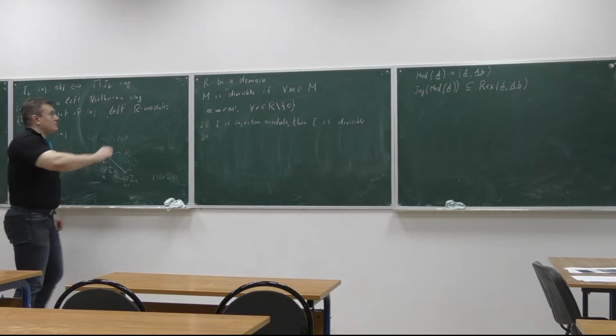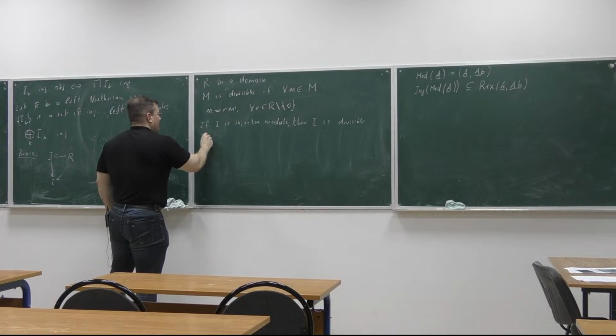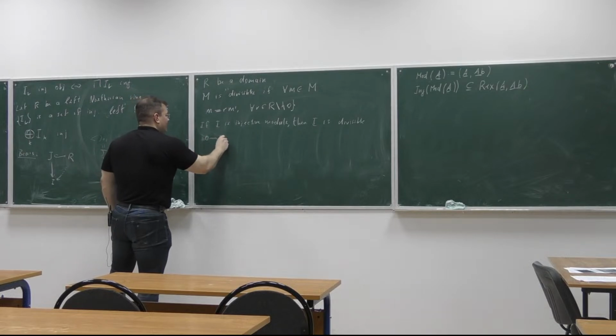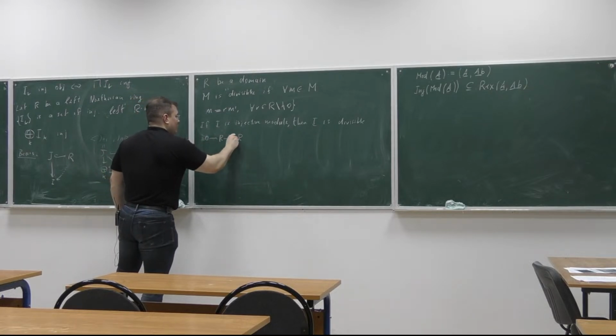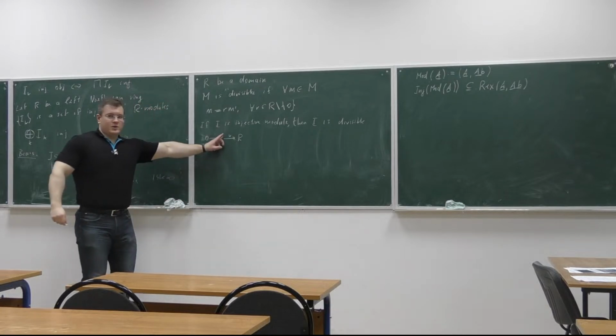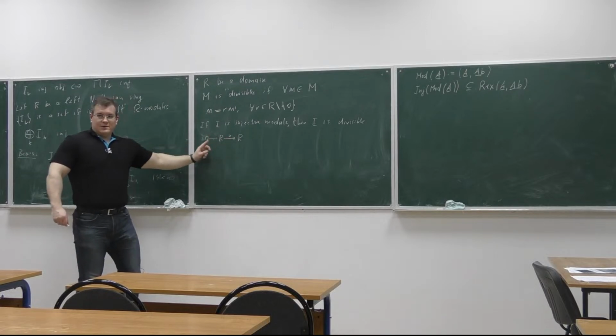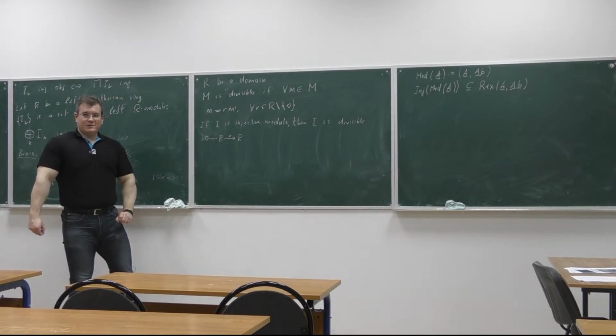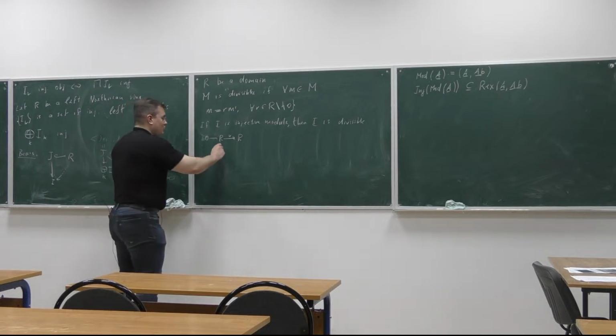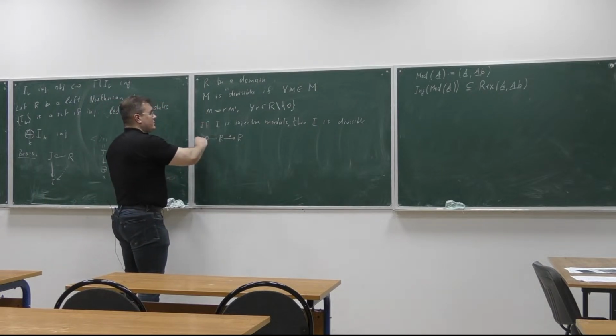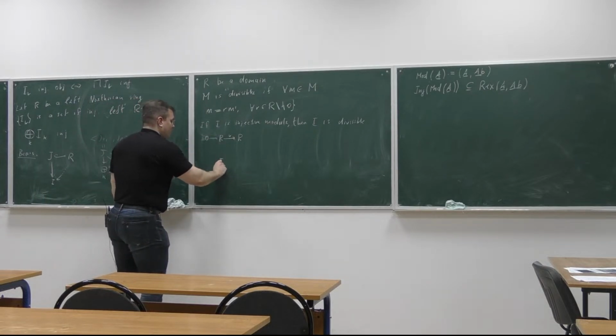Well, you can take this domain, right, and then you'll get this short exact sequence with just multiplication by r. Since r is not a zero divisor, there is no kernel, so this is indeed an exact sequence. Now you take some injective module, and you want to show that this is divisible.